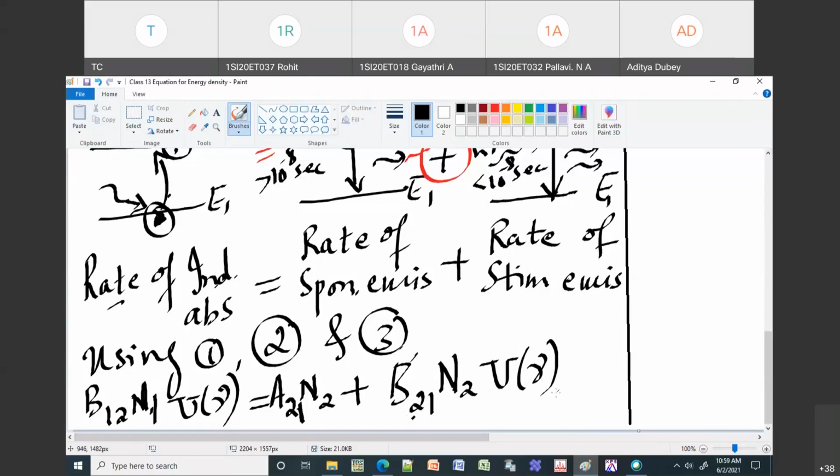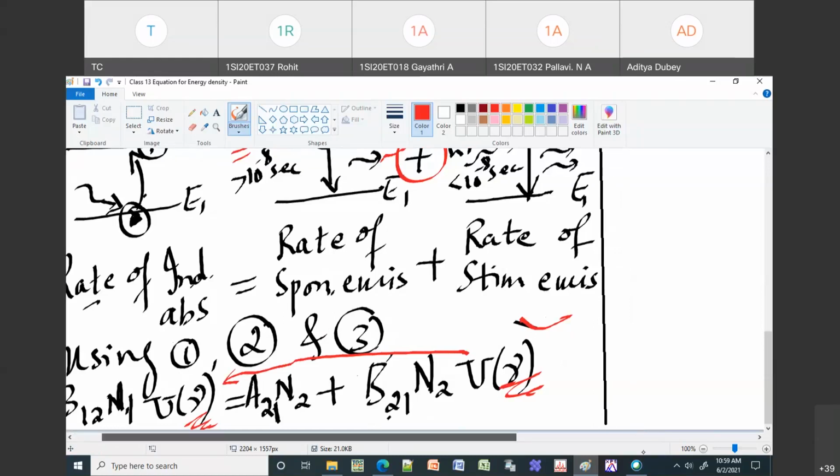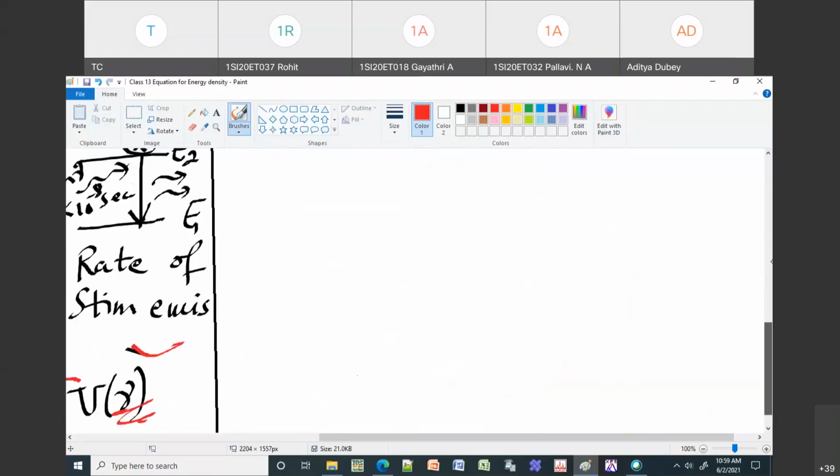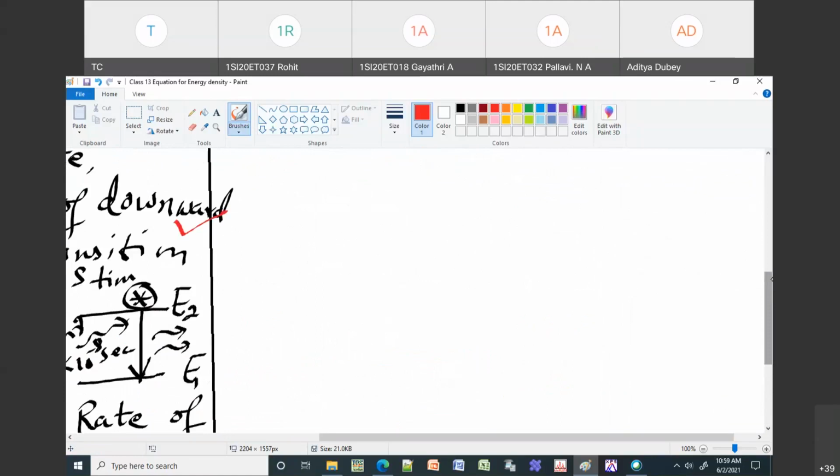What I will do is take all the U of nu on one side and the rest on the other side. I have U of nu in two terms, so I will bring this to the left hand side and rewrite the equation.